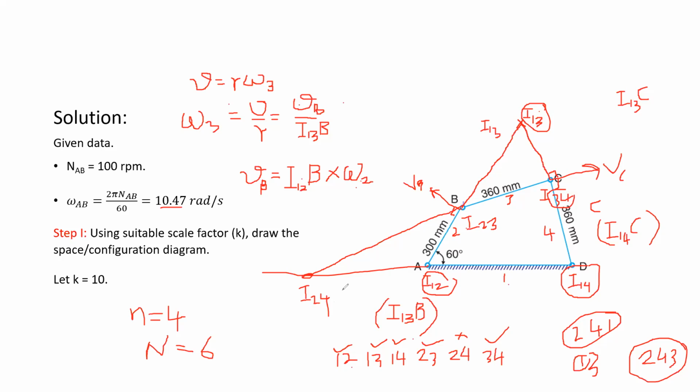Got this? I used the Kennedy theorem to locate the ICR 2, 4.